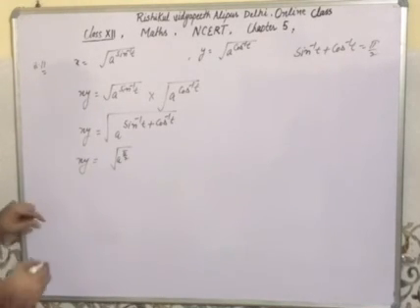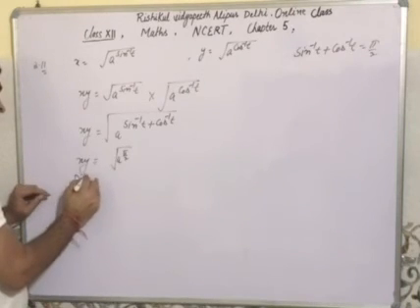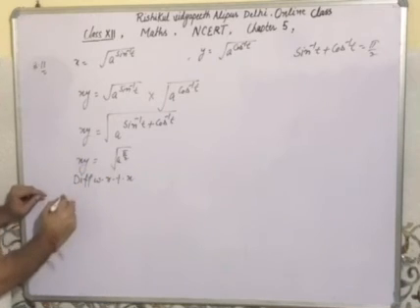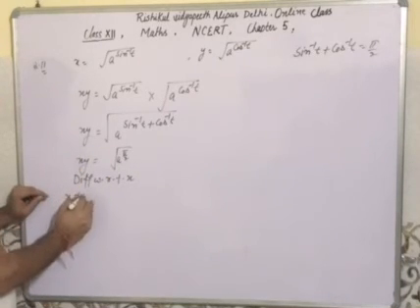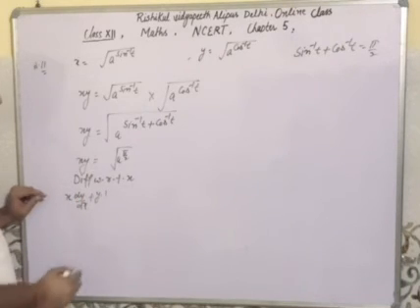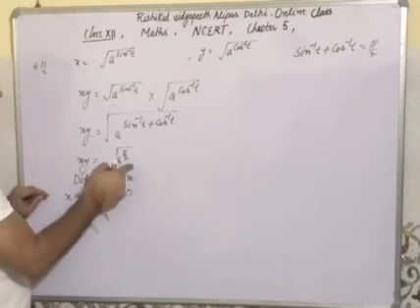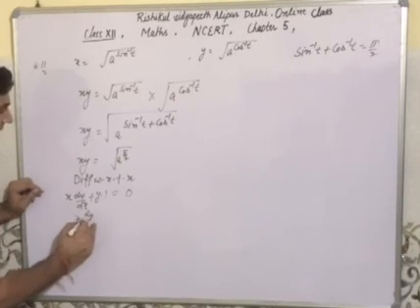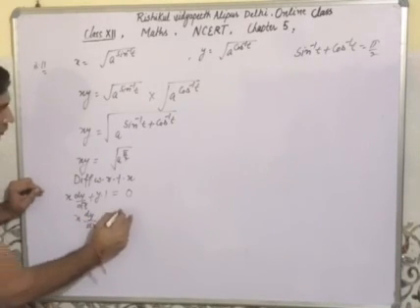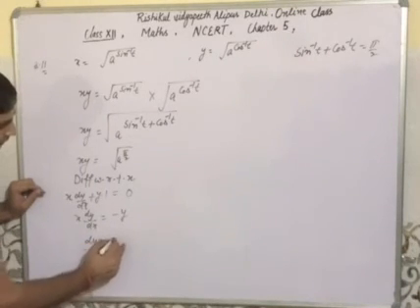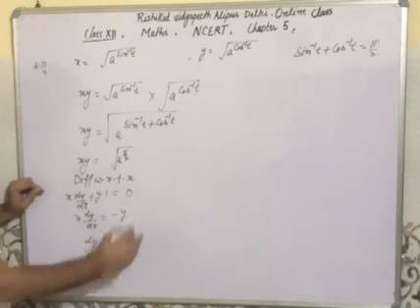Then differentiate with respect to x. x as it is, y is dy by dx, and y as it is, and the derivative of x is 1; this term is 0. Then x into dy by dx is equal to minus y, and dy by dx is equal to minus y by x.